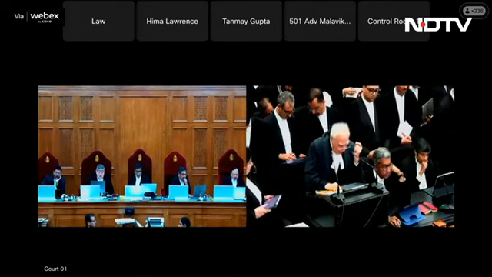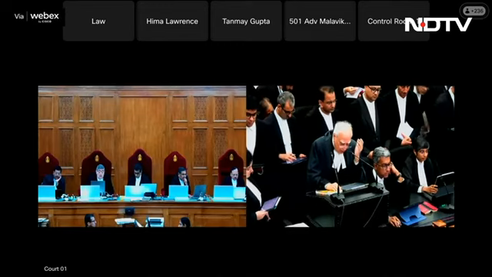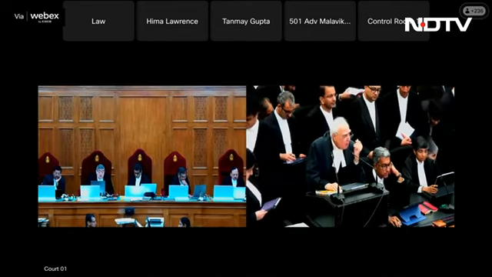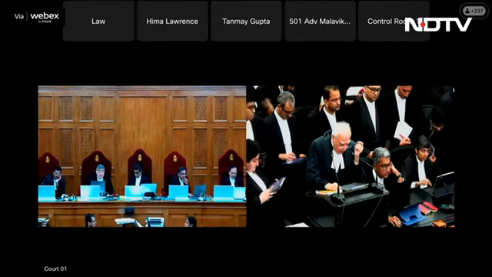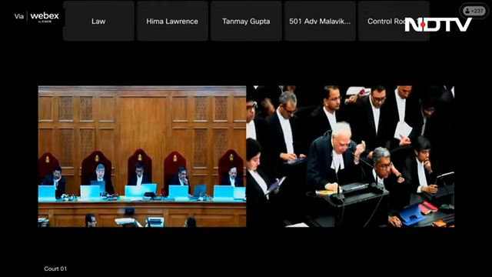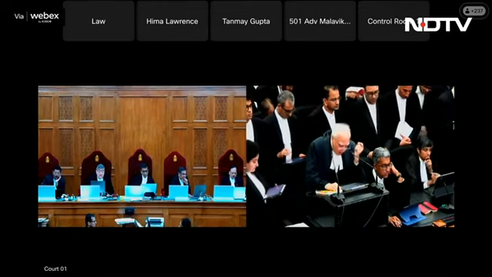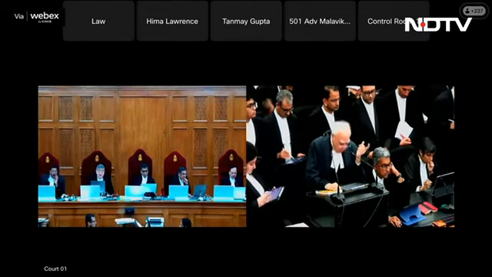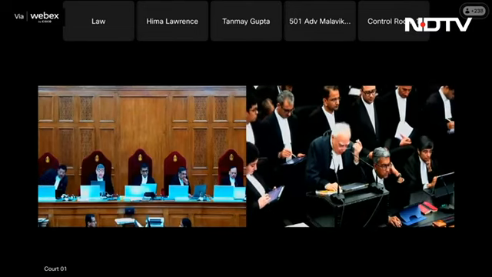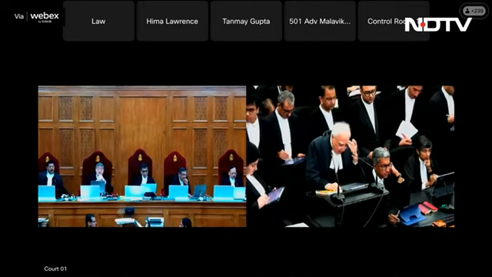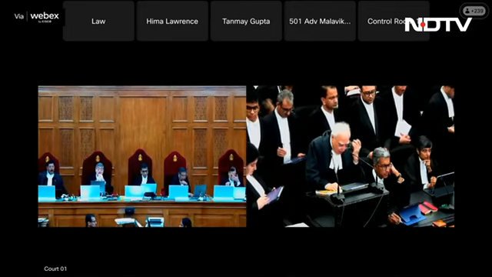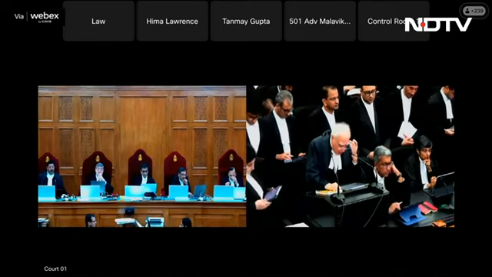An amendment of this Constitution shall be initiated only by the introduction of a bill for the purpose in the Legislative Assembly, and when the bill is passed in each House by a majority of not less than 2/3 of the total membership of that House, it shall be presented to the Governor for his assent, and upon such assent being given to the bill, the Constitution shall stand amended in accordance with the terms of the bill.